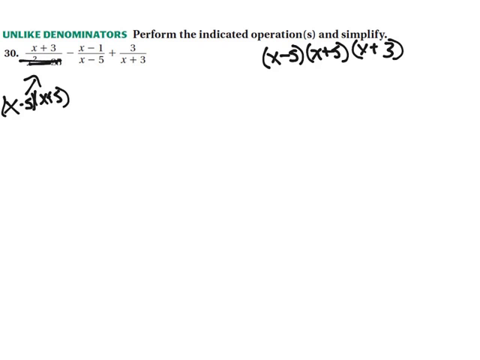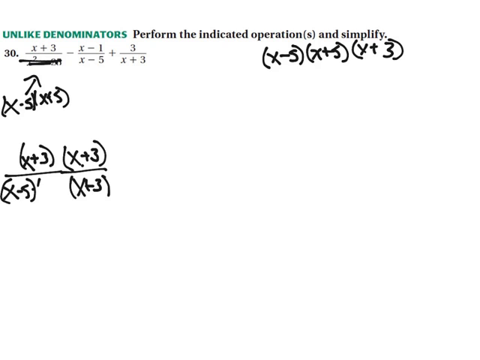So on the first one, when I go to do this, I'm going to go x plus 3 times, and what I'm going to need other than that is an x plus 3 on the bottom. I'm going to get x minus 5, x plus 5 there.